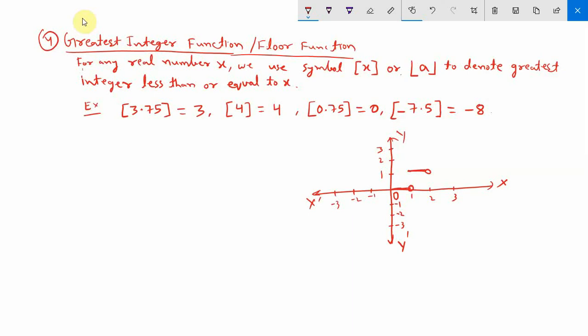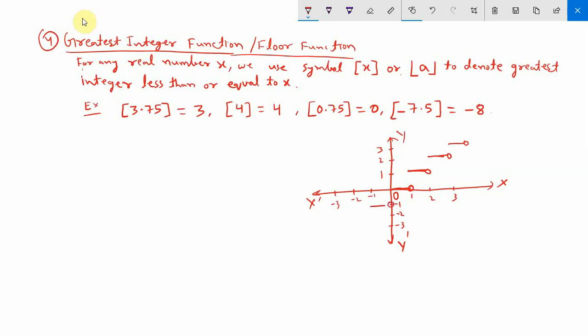Similarly, if it is greater than or equal to 2 but less than 3, it will be represented like this. Its value will be 2. Next, if it is greater than or equal to 3 and less than 4, it will be like this. Similarly, for negatives, if it is less than 0 but greater than or equal to −1, we draw it like this one.